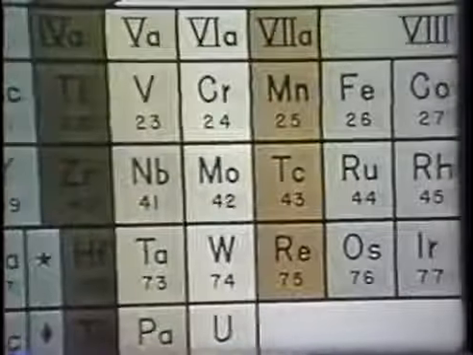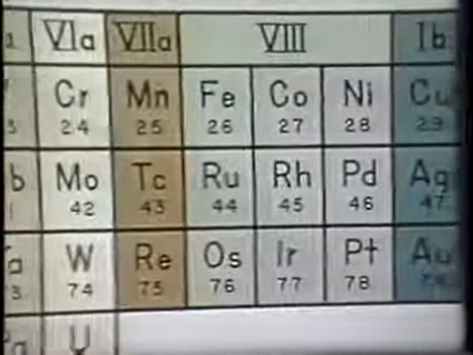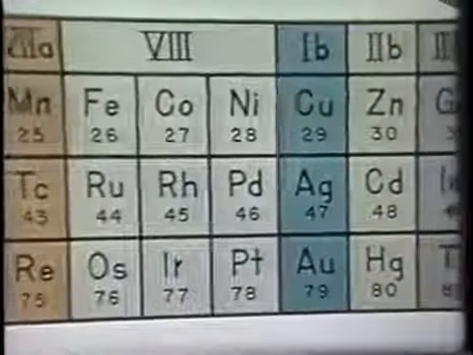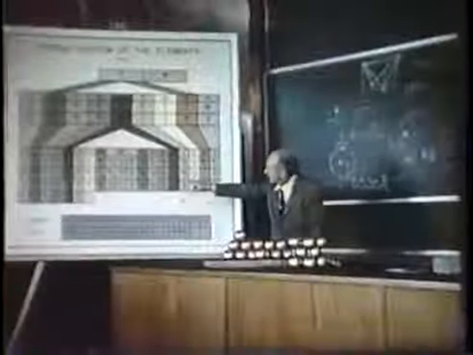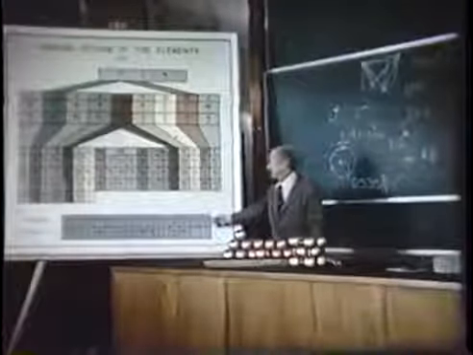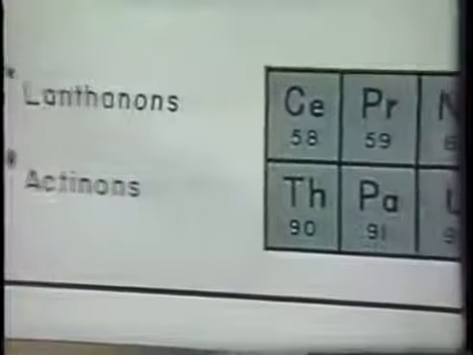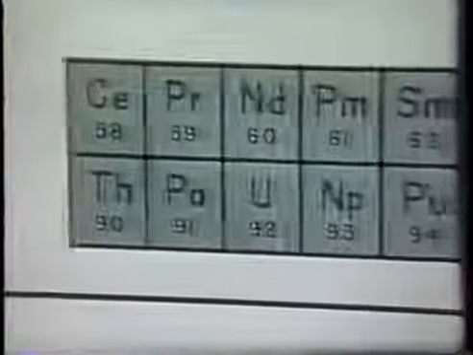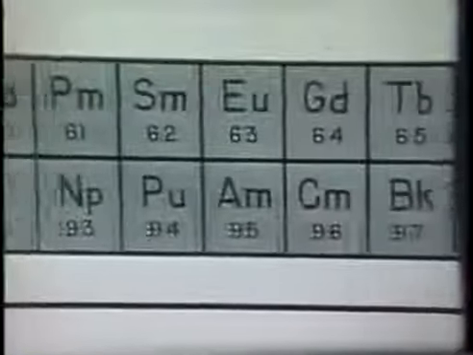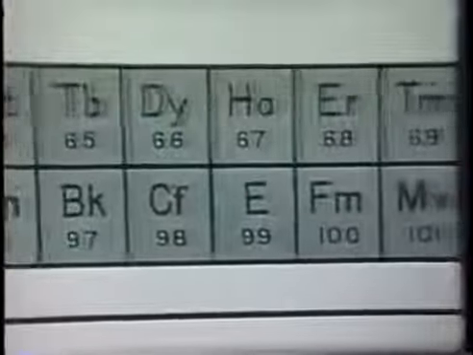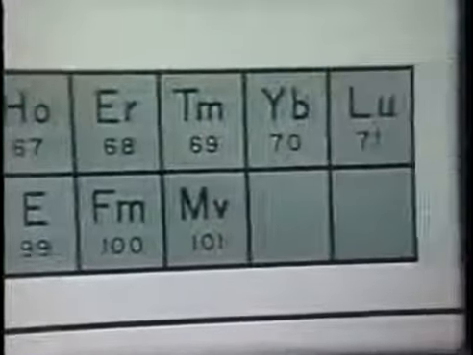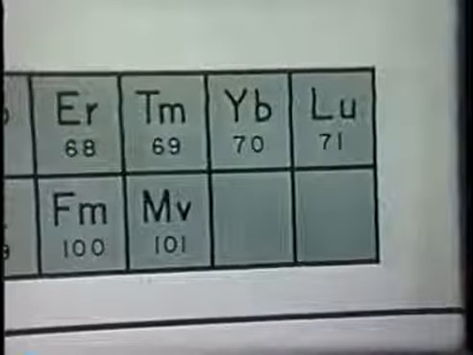Similarly, the elements from yttrium on to cadmium, we can call the transition elements of this group. Following lanthanum, there come 14 elements, the lanthanons, from cerium to lutetium, that correspond to the introduction of 14 electrons, one at a time, into the 7 4f orbitals.